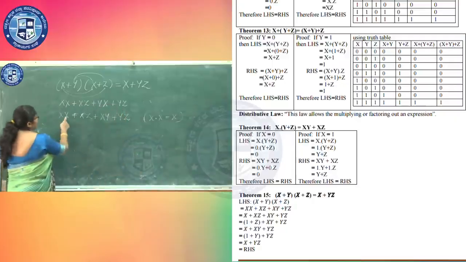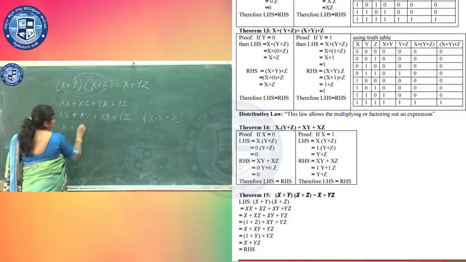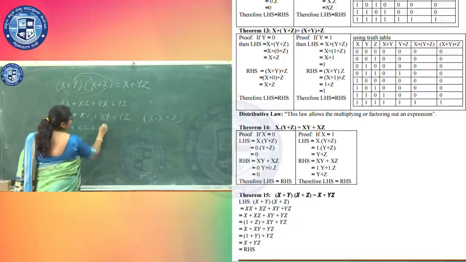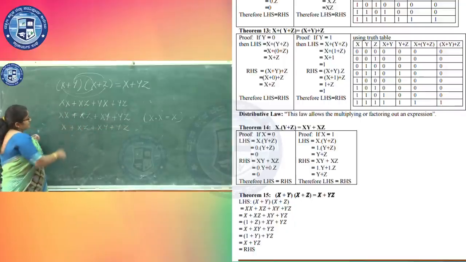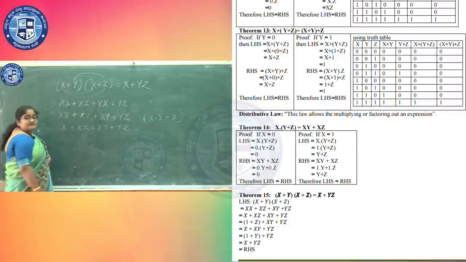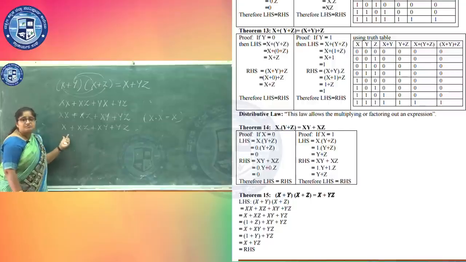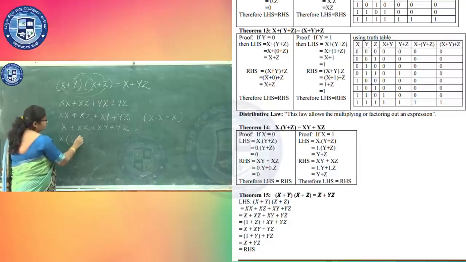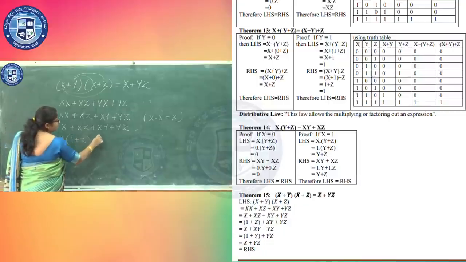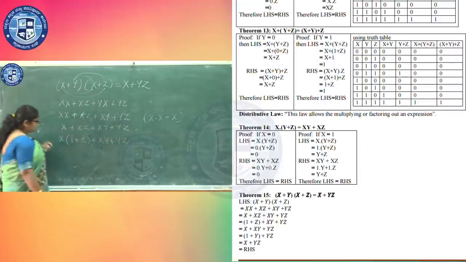So x into x will become x plus xz plus xy plus yz. In x and xz, can I take the variable x outside since it is common in both the terms? So I am taking x outside. What is left here is 1 plus z, plus xy plus yz.